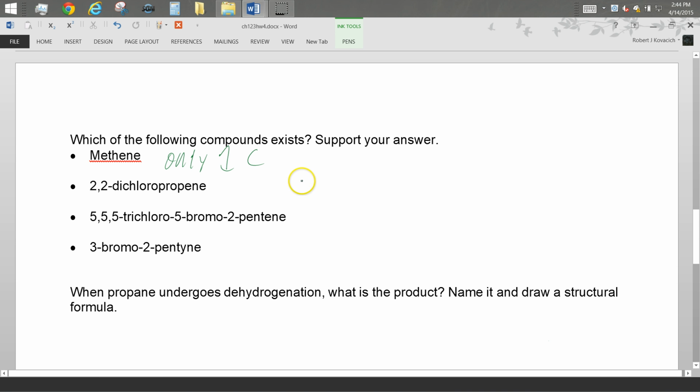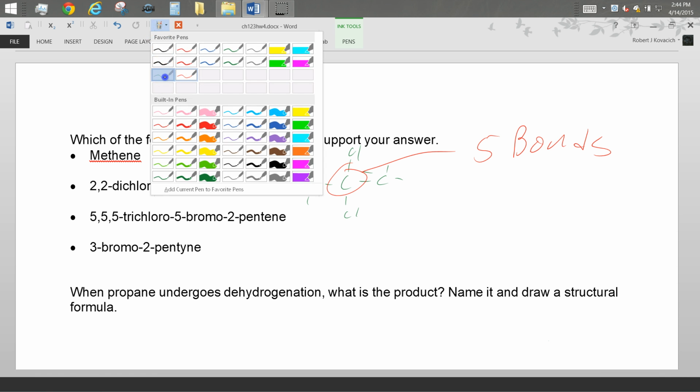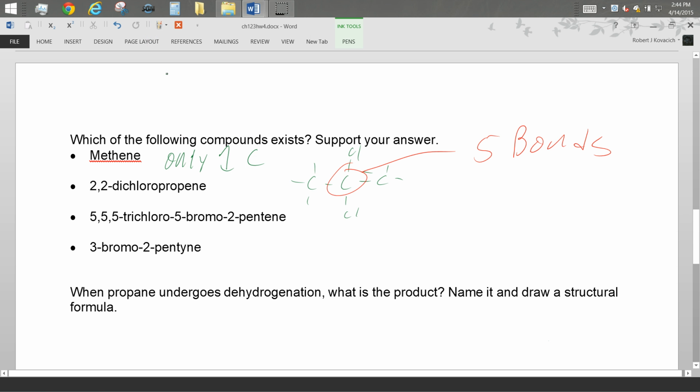2,2-dichloropropene. So CCC. Not a possibility because 5 bonds. Same with this one here. Pentene.